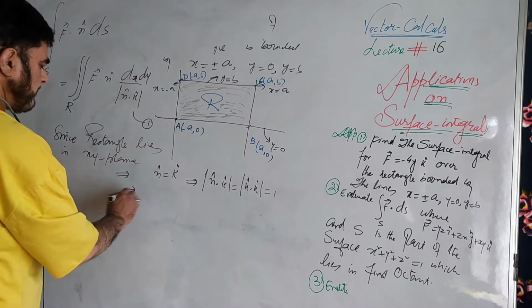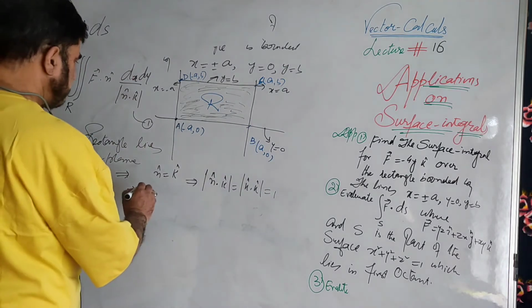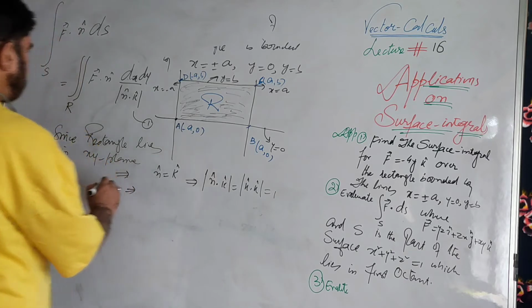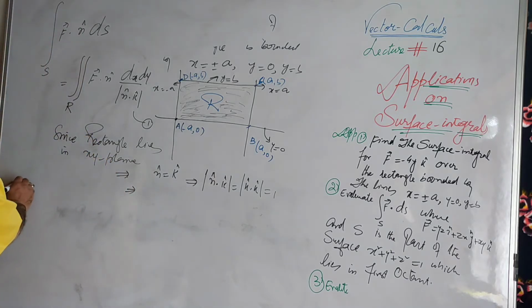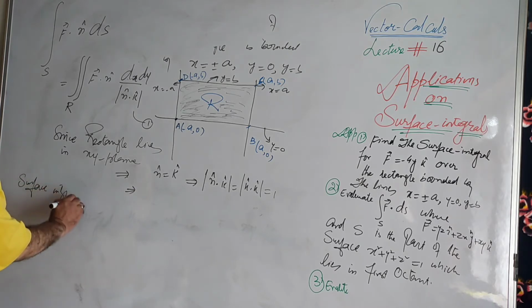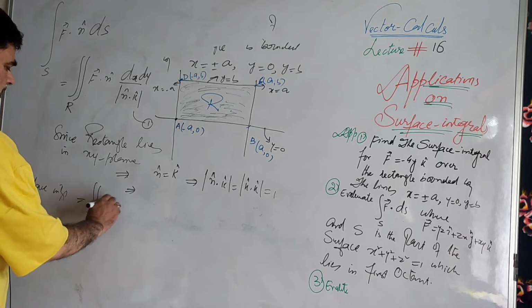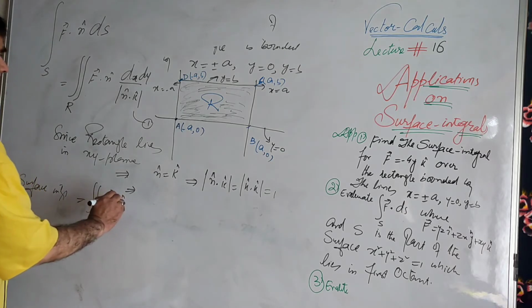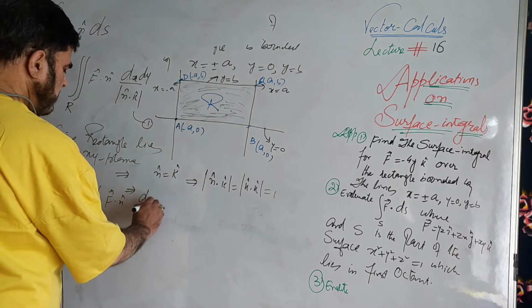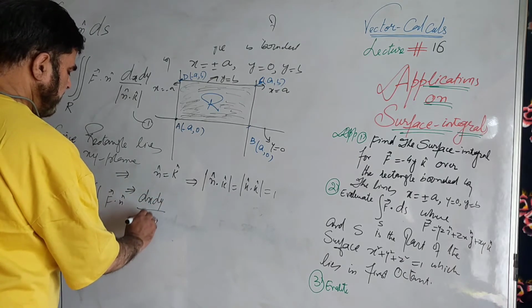Therefore the required surface integral is the double integral over R of f dot n dx dy by 1.